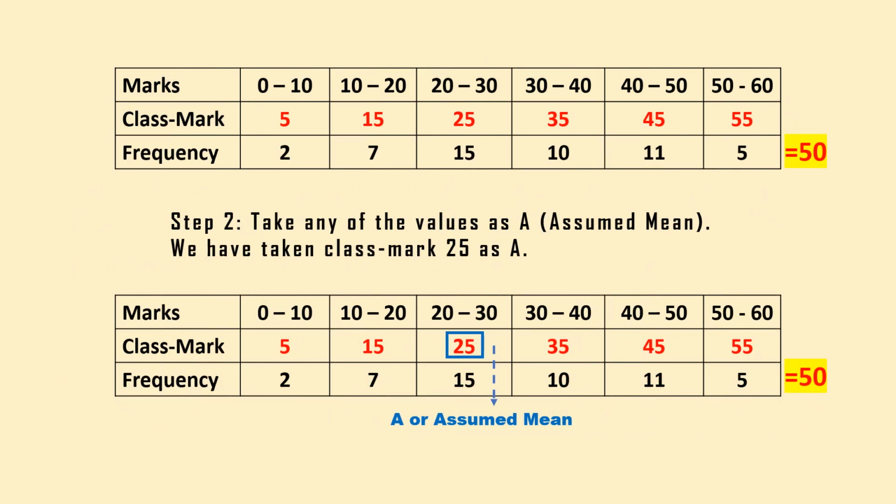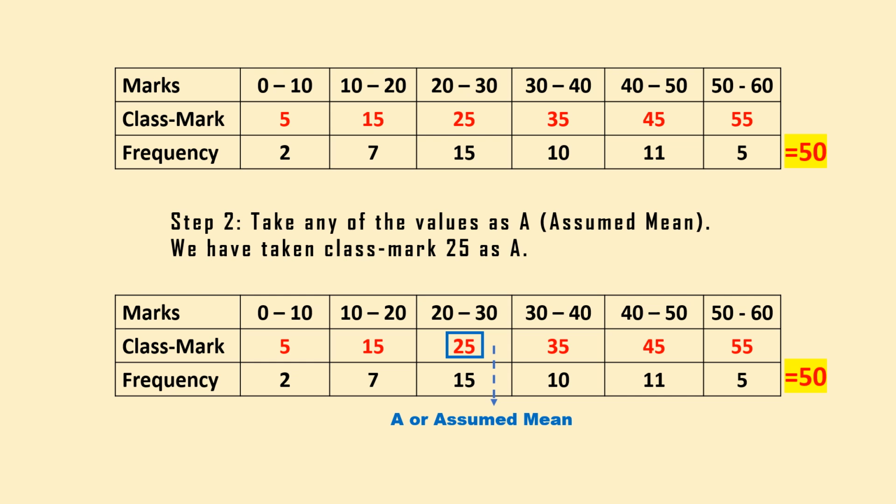This is what we got. Always on the top we will show what we have already got, and at the bottom the extra thing we will do. So this we already got: we have calculated the class mark or the midpoint. Now step number 2, take any of the values as the assumed mean. Usually we take it approximately in the middle, or the one with the highest frequency, but you can take it anywhere.